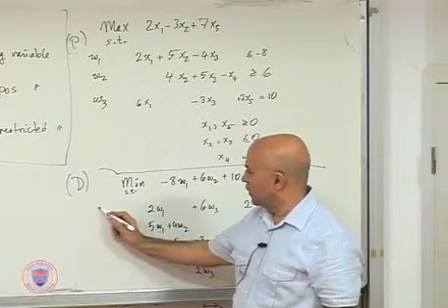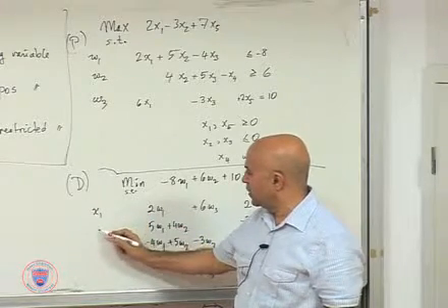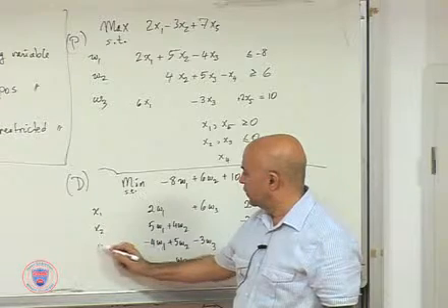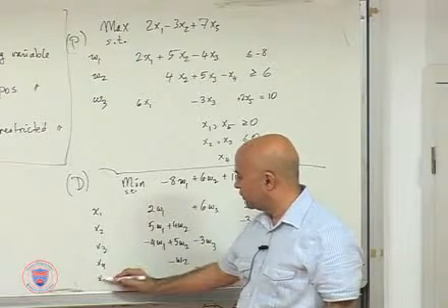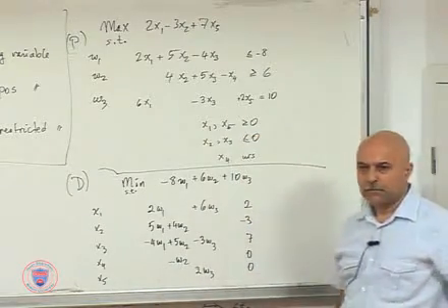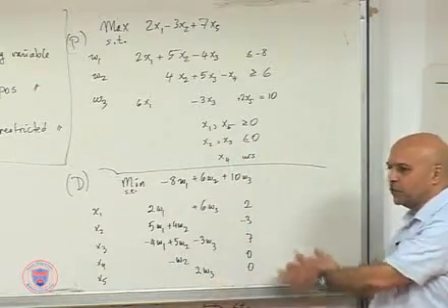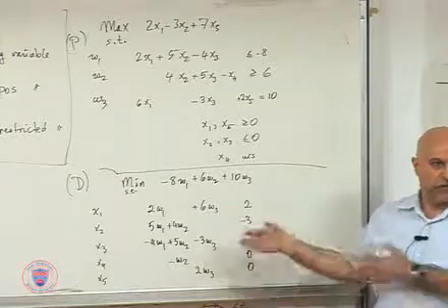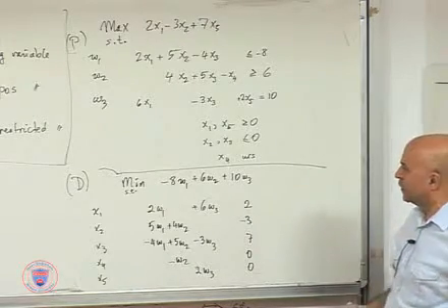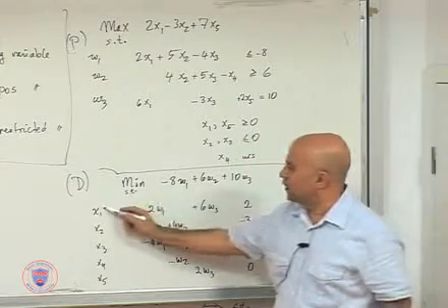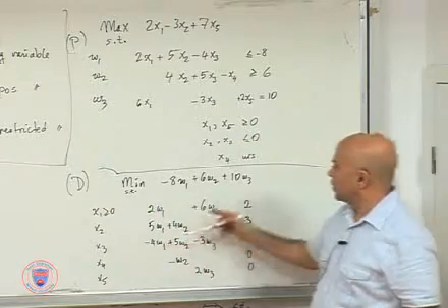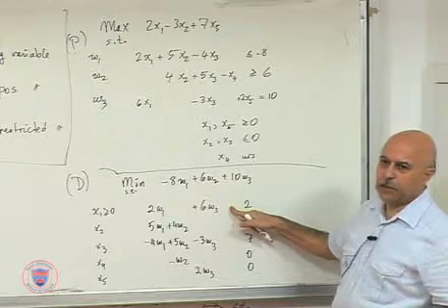Now the variables associated with these constraints are x1, x2, x3, x4, and x5. If you're moving from the dual problem to the dual of the dual, which is your primal: x1 in the original problem is a non-negative variable, which means that this constraint is supposed to be in the canonical form.